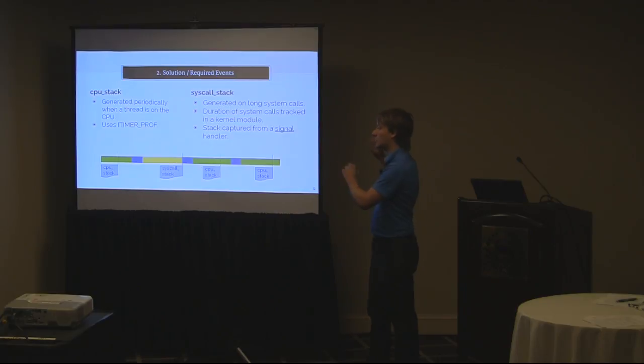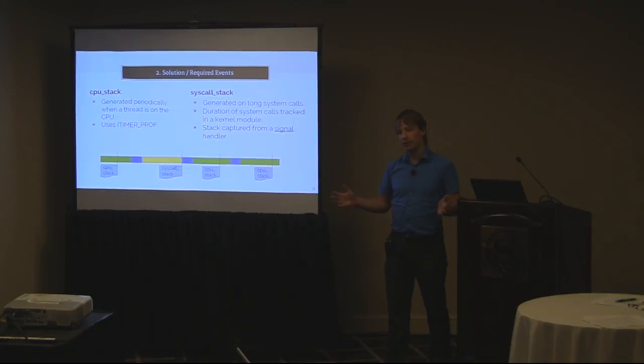So my solution was to create two new events. The CPU stack event is generated periodically when a thread is running on the CPU. This is very similar to how a profiler works, except that we have a timestamp for each call stack that we capture, so we can build a history.